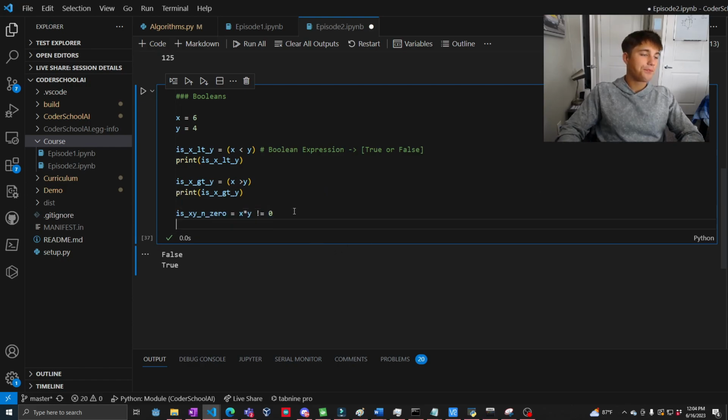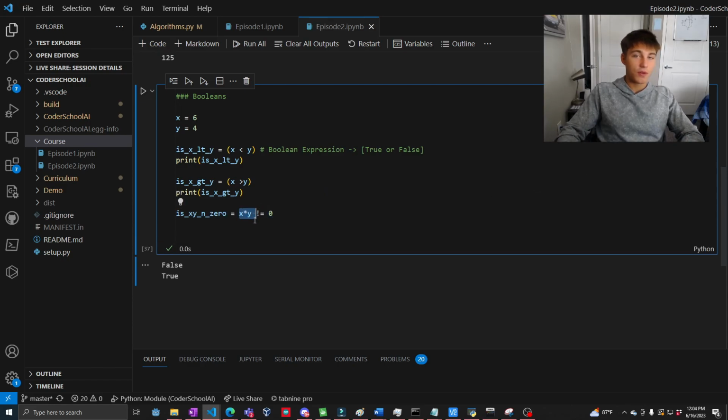Why? Well, sometimes you might want to know if two things are equal to 0. Probably really not. I'm just trying to demonstrate some sort of Boolean, right? We're taking some sort of math expression, comparing the value coming from that math expression to another value, right? This right here is does not equal, right?